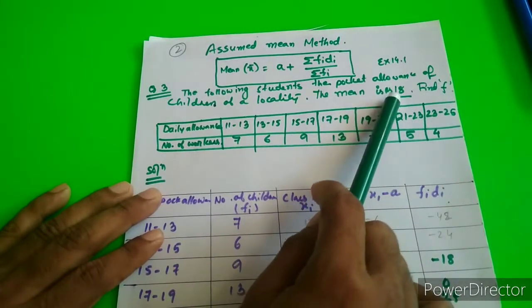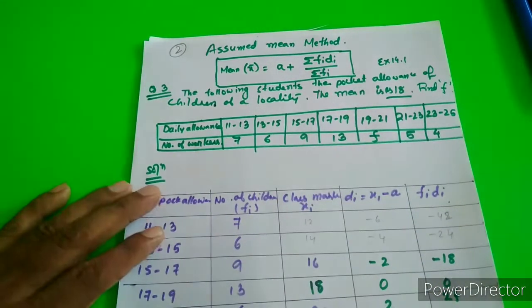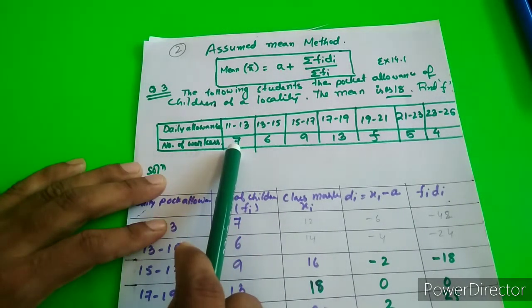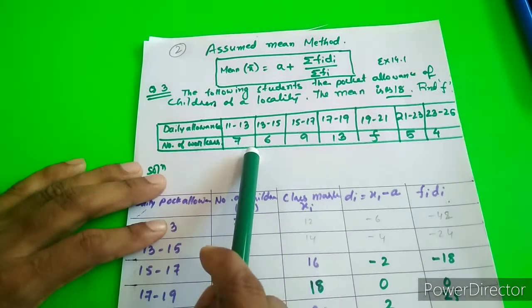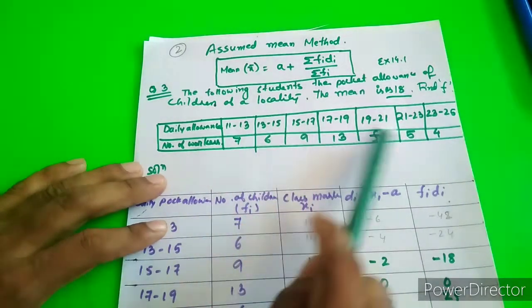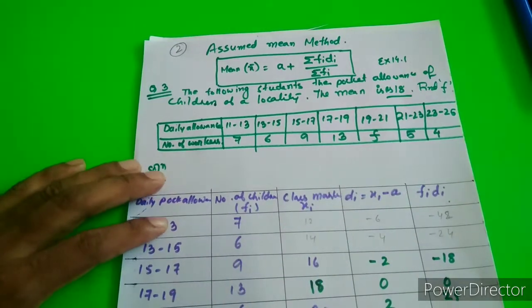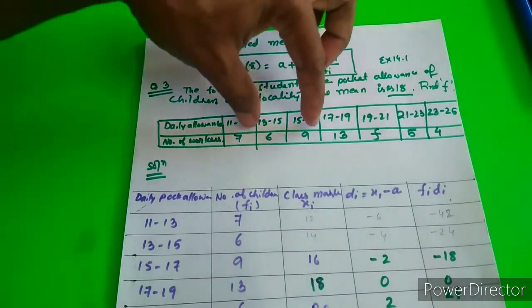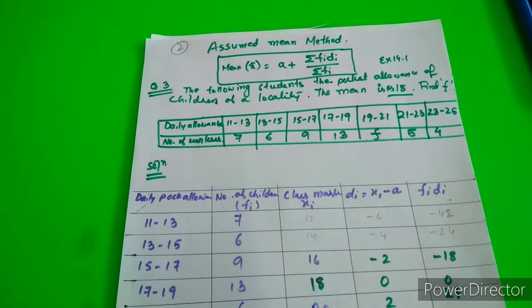Find f. The mean value is already given. Daily allowance between 11 and 13 has 7 workers, 13 to 15 has 6 workers, 15 to 17 has 9. So we have a particular structure, and we will find the mean of this question using the assume mean method.